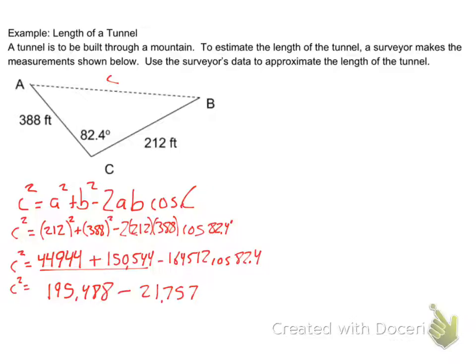Now, is that the actual real answer, or is there approximation there? I got a feeling that cosine of 82.4 doesn't come out to be perfect. Probably an approximation, but we'll go with this. Subtract the two numbers out. C squared is equal to 173,730.